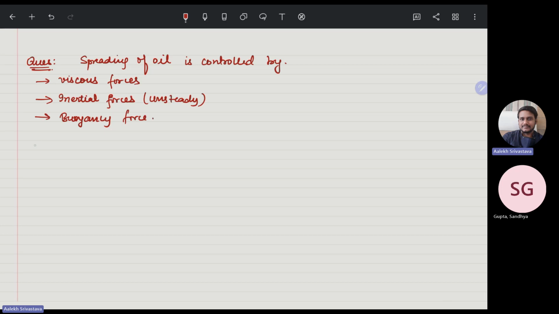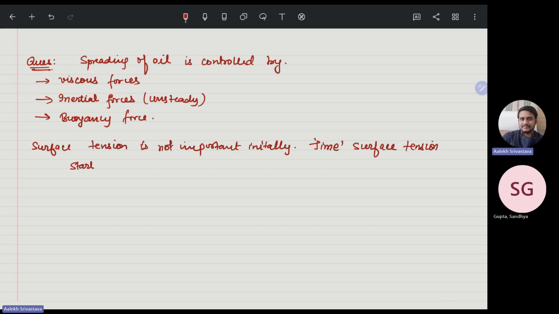Now it says that surface tension is not important initially. Now we need to find out at what time surface tension starts playing its role.